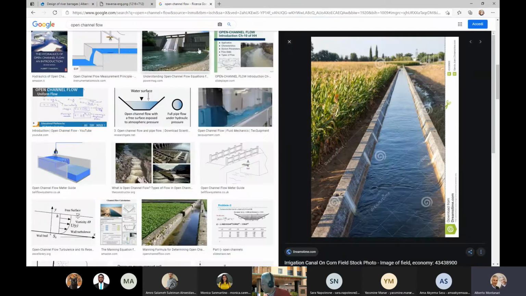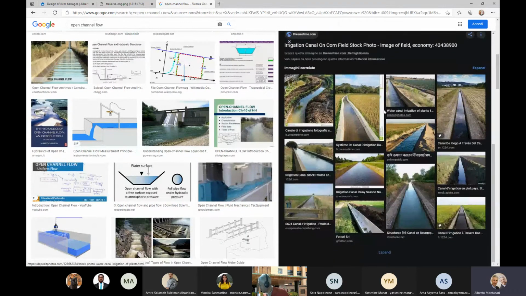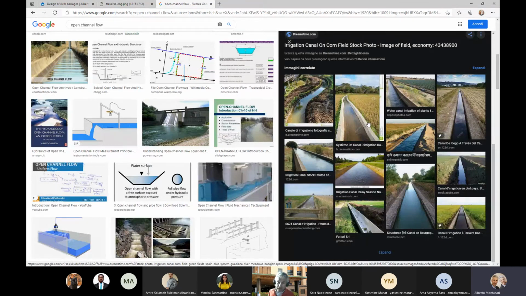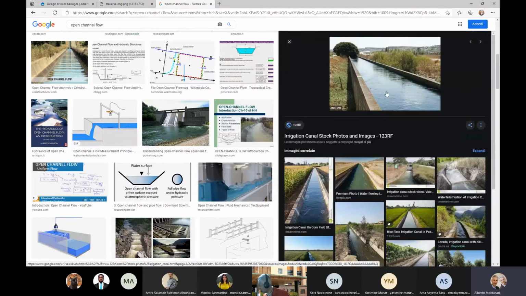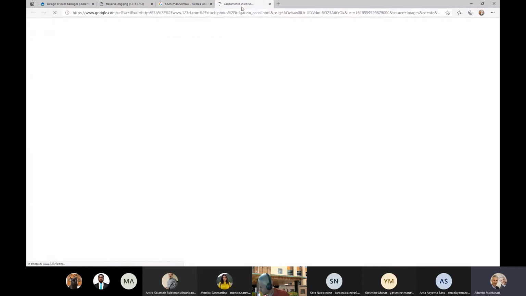Okay, and again, if you look on the right of the screen, you see several examples of channel flow. In all of them, you see that the slope is very low. Let me just show you the last one, because I think it's also interesting.